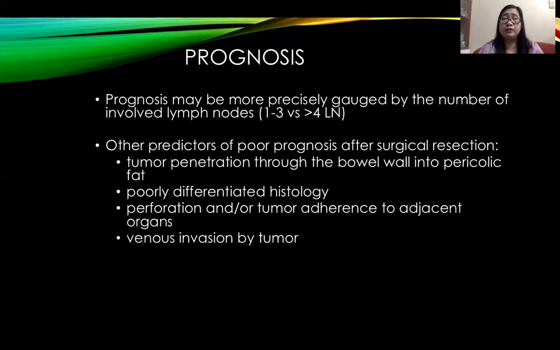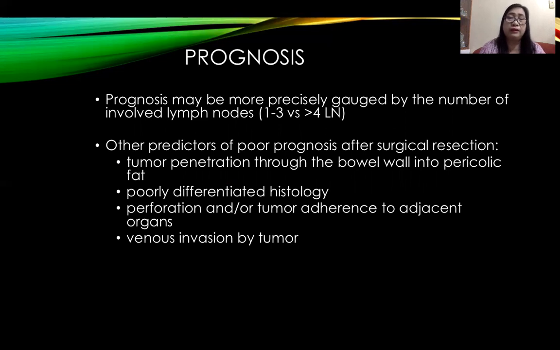Other predictors of poor prognosis after surgical resection are tumor penetration through the bowel wall into pericolic fat, poorly differentiated malignancy by histology, and perforation or tumor adherence to adjacent organs.